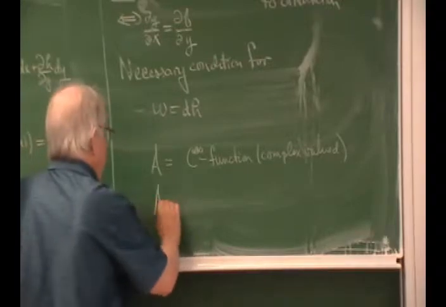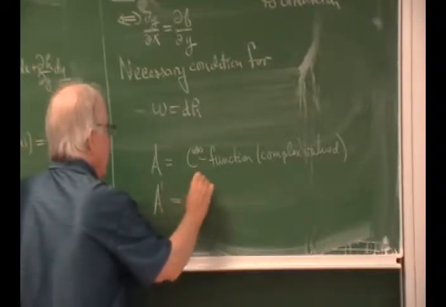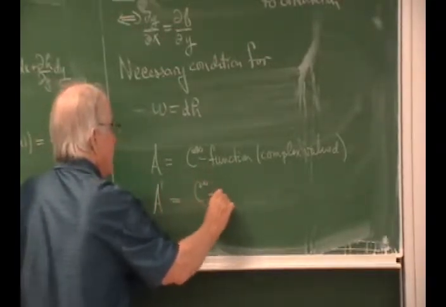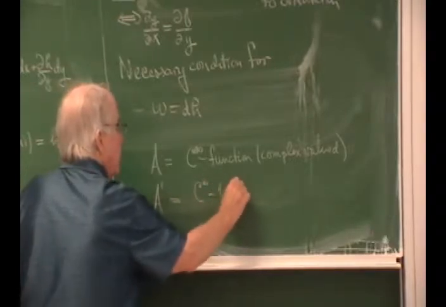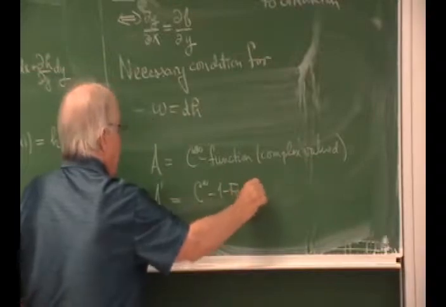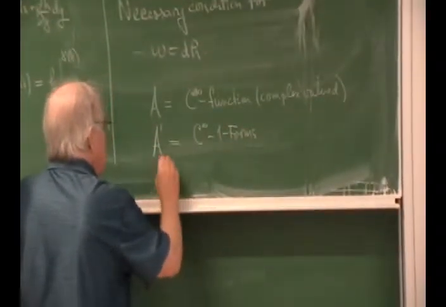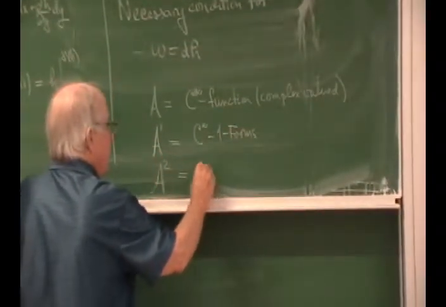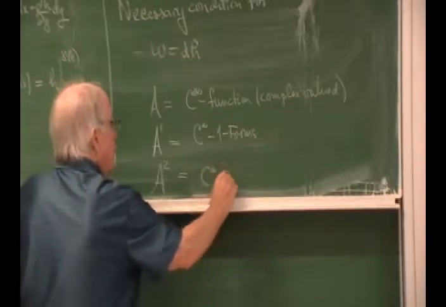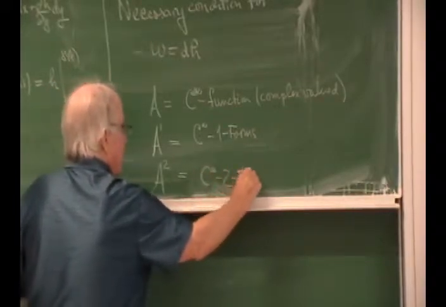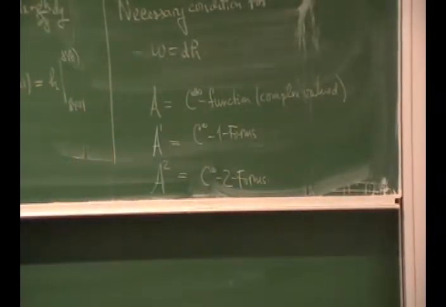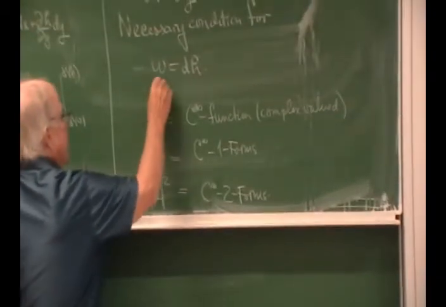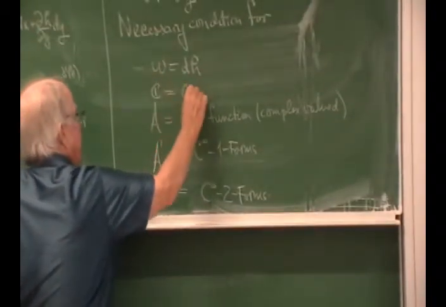And A1, the C infinity 1 forms. And A2 equals the C infinity 2 forms. And I will write here C to be the constant functions.